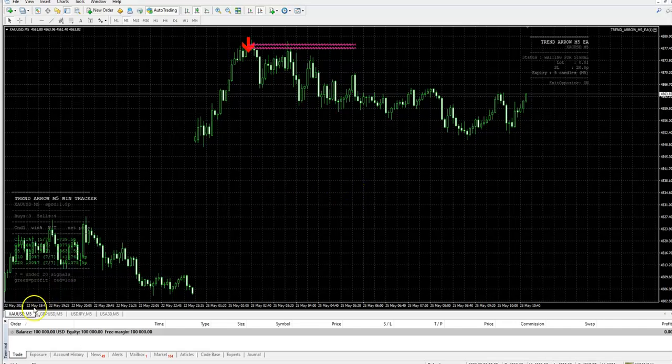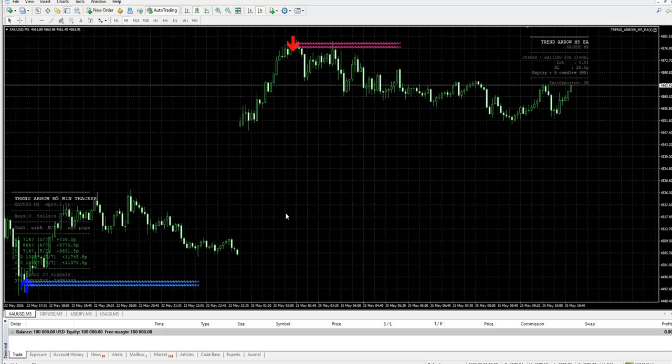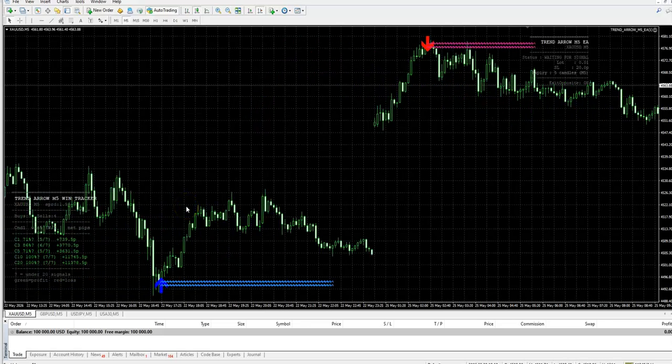But what if you open, I don't know, 5, 10, 20 pairs, and maybe you don't have time to wait for arrows to appear? Then we have the Trend Arrow Expert Advisor.